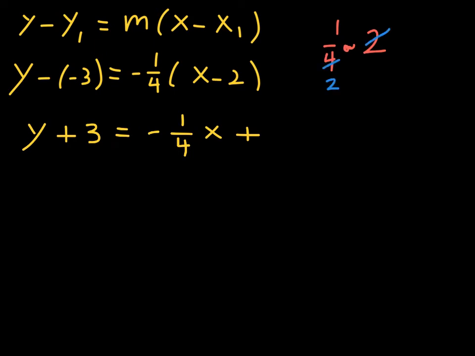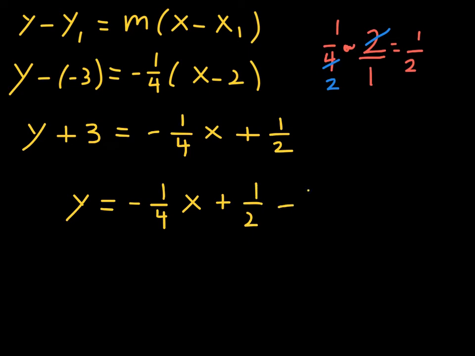So then this really just becomes 1 over 2. Don't forget that 2 is really 2 over 1, right? So it's 1 over 2. So when I come here, it'll be positive 1/2. All right, I'm going to subtract 3 from both sides, like that. Now I have to do some fraction work again, right?